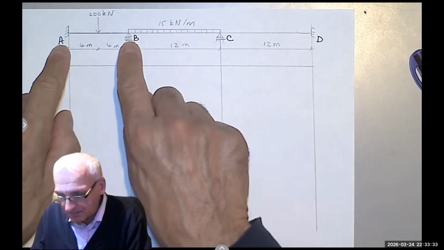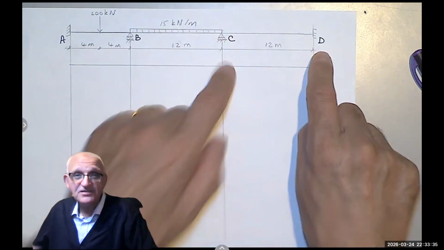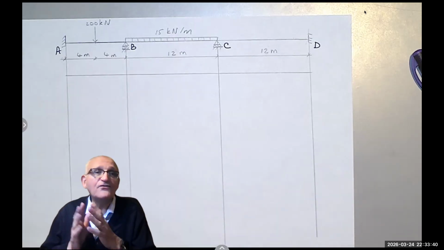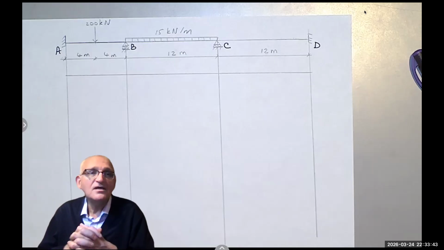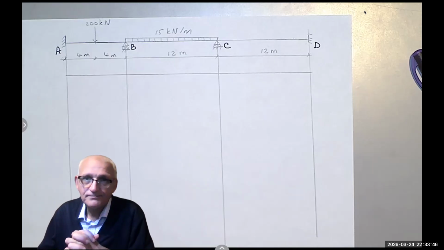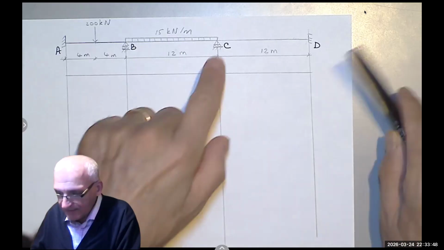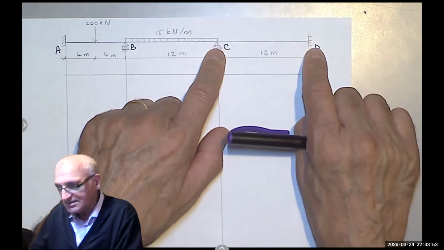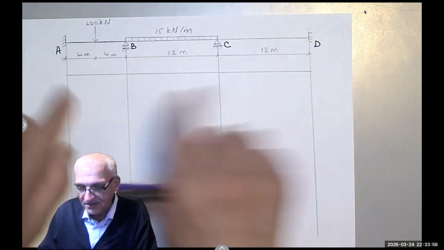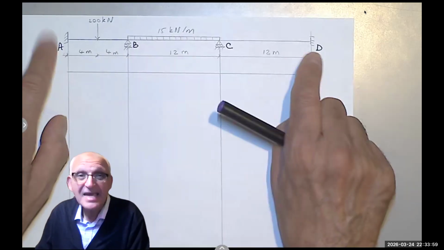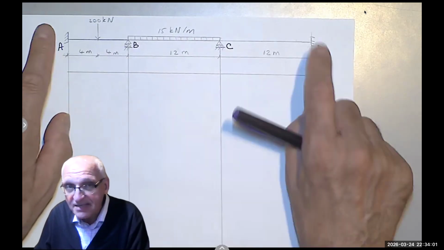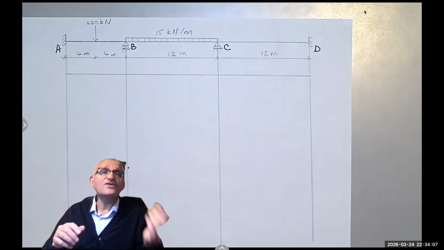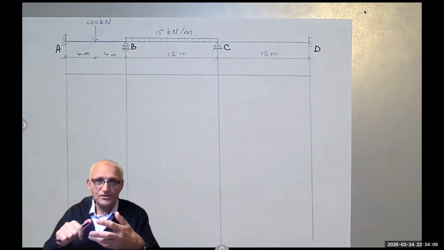I have three bays and each one is fixed on both supports, so each relative stiffness would be K equals 4EI over L. However, if one end was fixed and the other was a pin, which happens only at the two ends, the relative stiffness would be 3EI over L instead of 4.